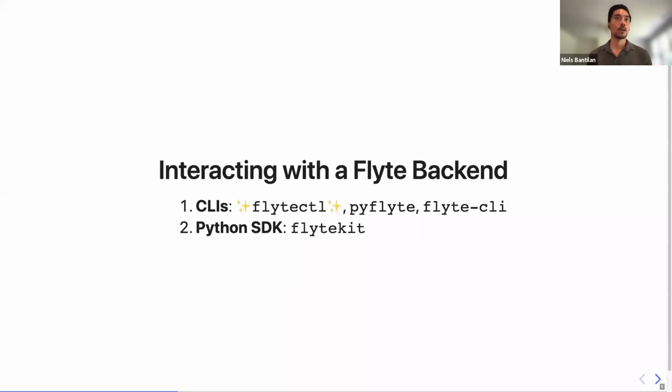The second way is with the Python SDK, i.e. Flytekit. I'll show this a little bit later, but we have supported this functionality for some time. As I said, this is a repackaging of things to make them a little bit more mentally ergonomic.